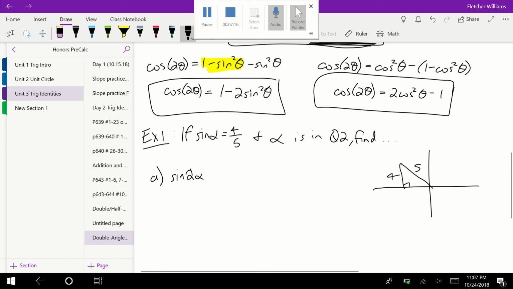Well, you can show that this value would be -3, and therefore cosine alpha would be minus 3/5. Okay, so now, back to the problem. Using our identity, sine 2 alpha is just 2 sine alpha cosine alpha, which is just 2 times 4/5 times -3/5.